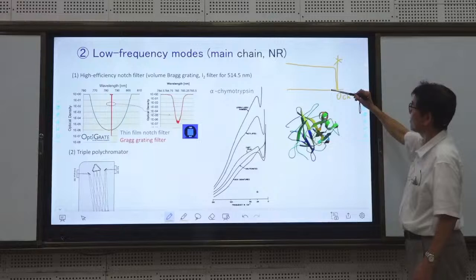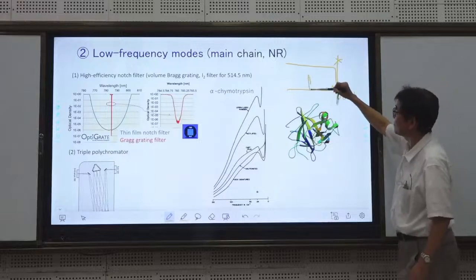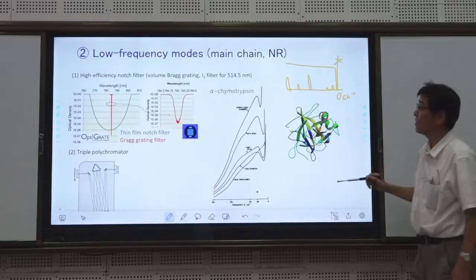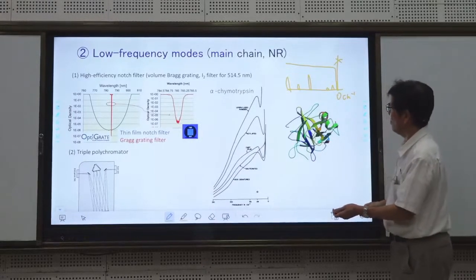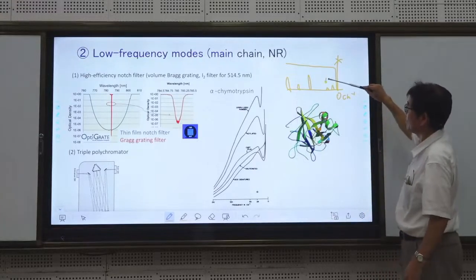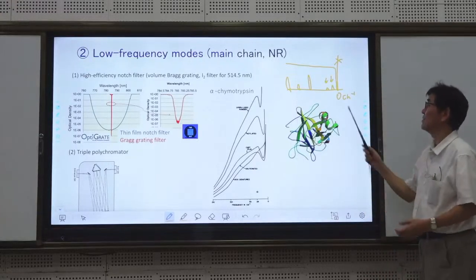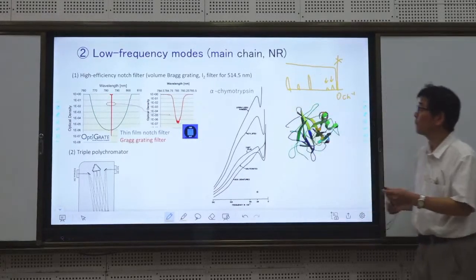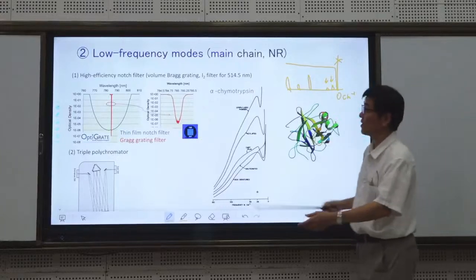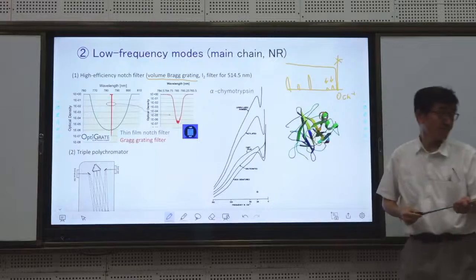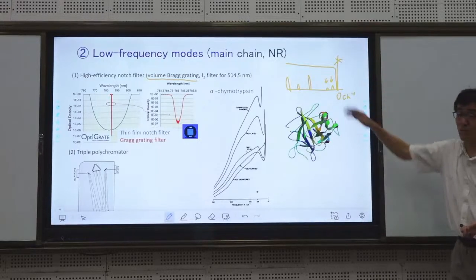So the Rayleigh line is cut and we can detect some peaks near zero wave number. By doing so, we can detect some important bands in the low frequency region. Okay, so using a nice filter is one method to detect low frequency modes.